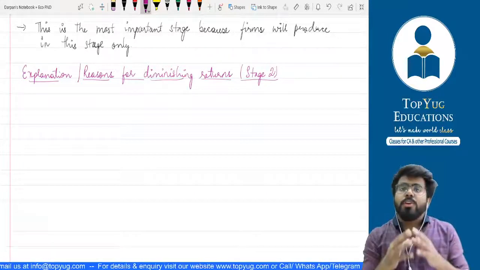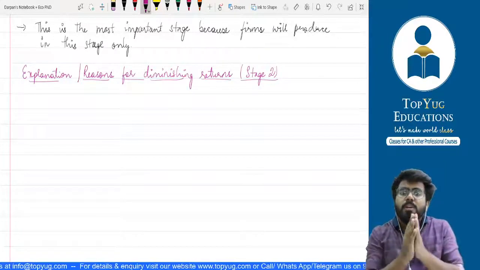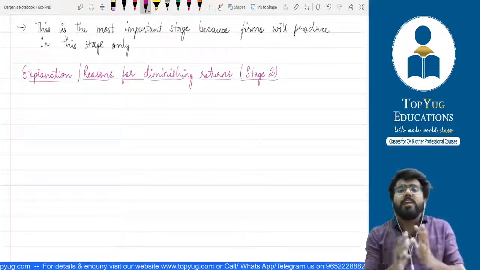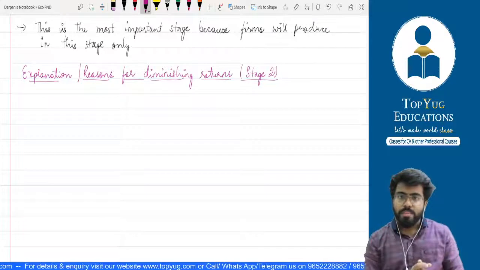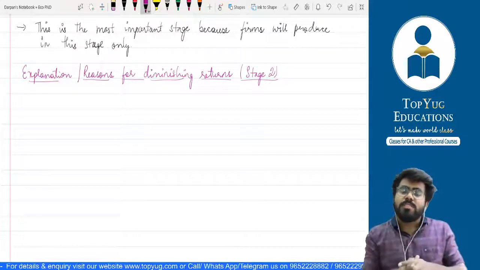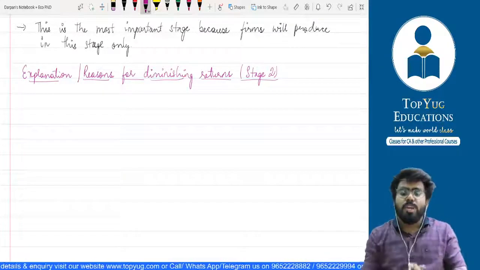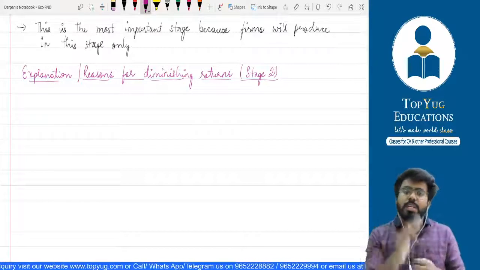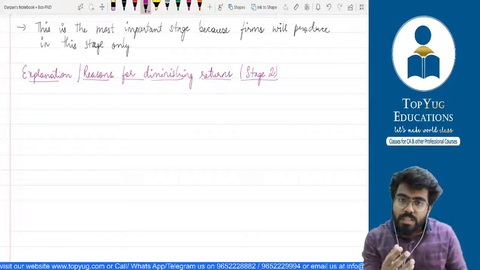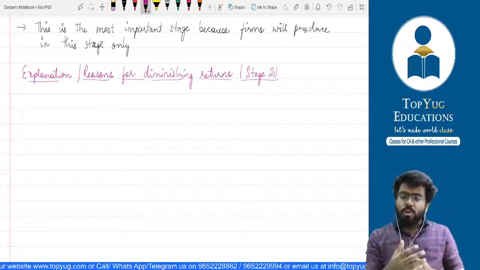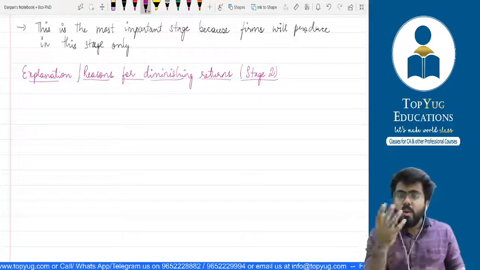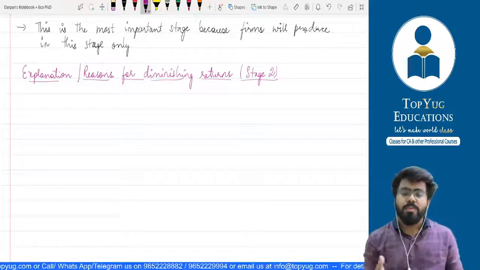That is because your machinery, your capital, your fixed factor, has been fully utilized in the earlier stage only. After full utilization, if you keep on increasing the labor, the additional labor will not give you more output, right?